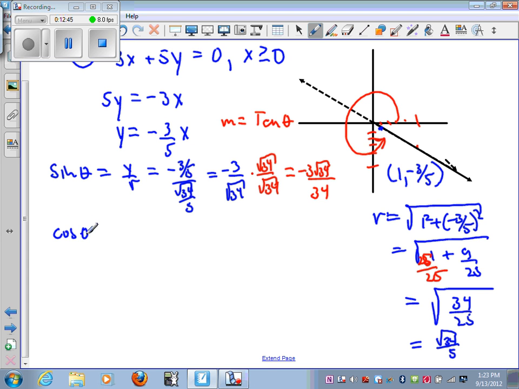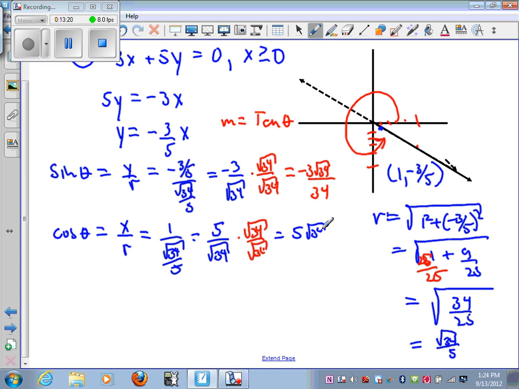Cosine is x over r, and the x is 1, and the r is the square root of 34 over 5. So we just invert the denominator. We rationalize the denominator. And we have 5 square root of 34 over 34. That's cosine.